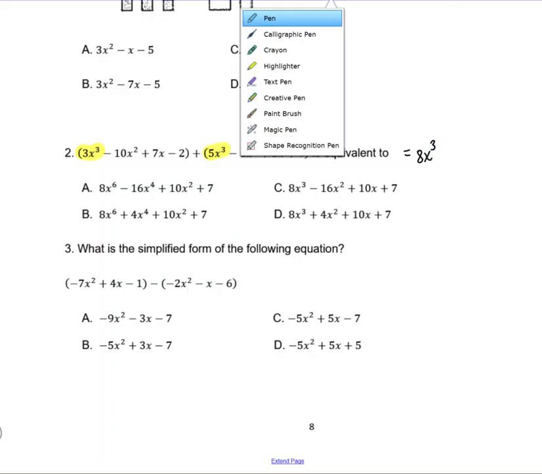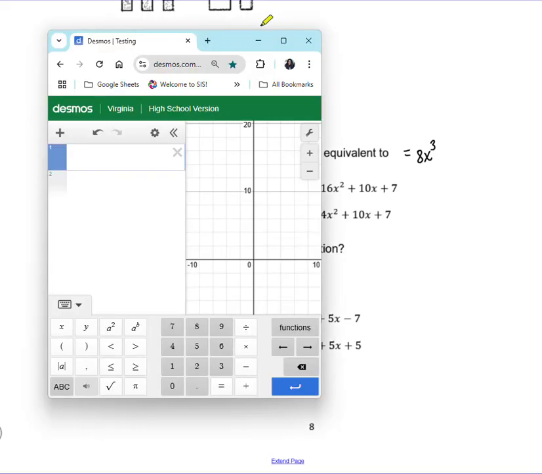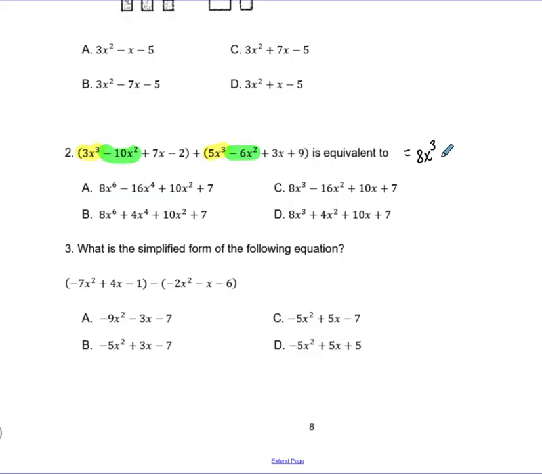And then you have negative 10 minus 6, make sure to carry the sign. Negative 10 plus a negative 6 is negative 16, and then you have the x squared.